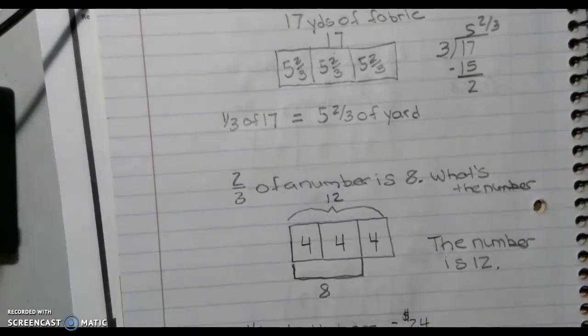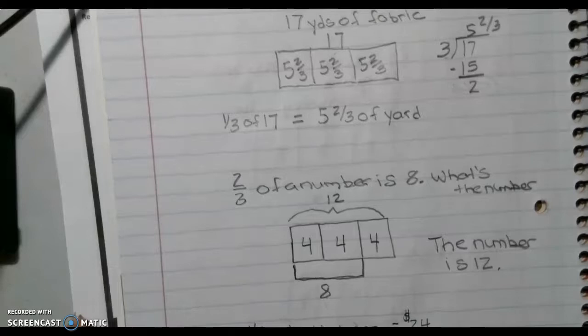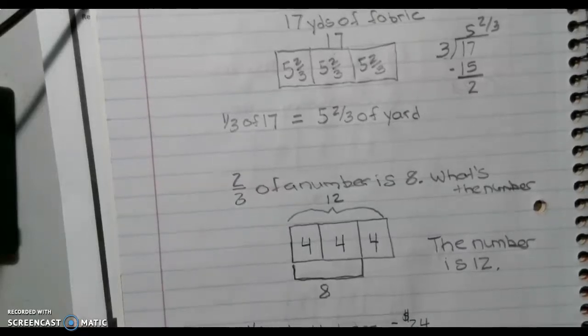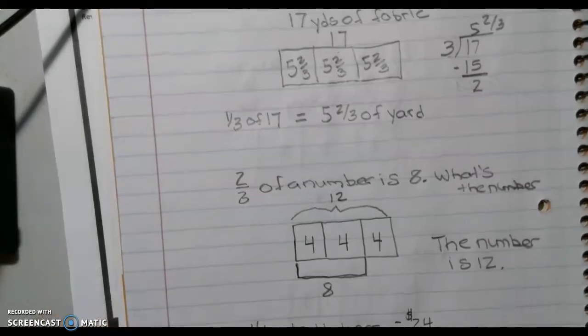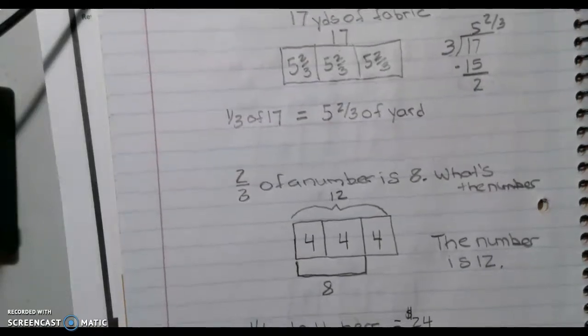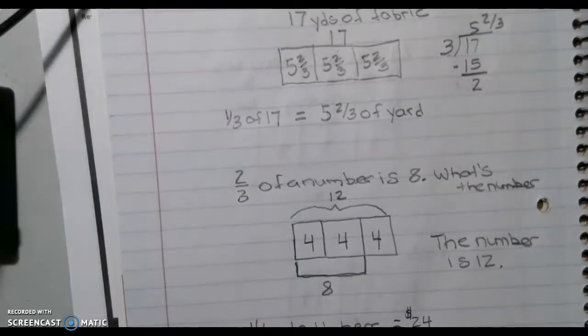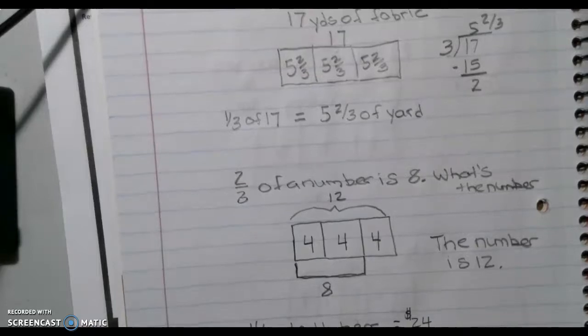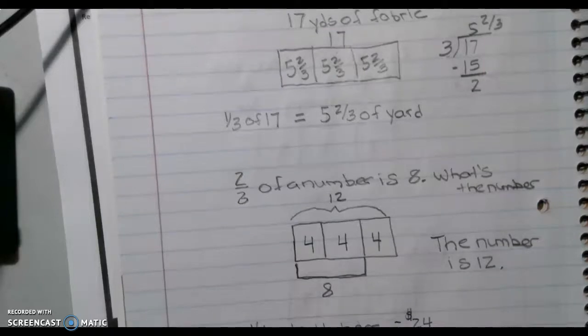Okay, well, if we did this, we know that the bar is divided into sevenths. To draw seven parts, we need 6 lines. And we know that 4 of these, 1, 2, 3, 4, is 24. So we could say 24 divided by 4, or 4 times what equals 24, and we know that that's 6.